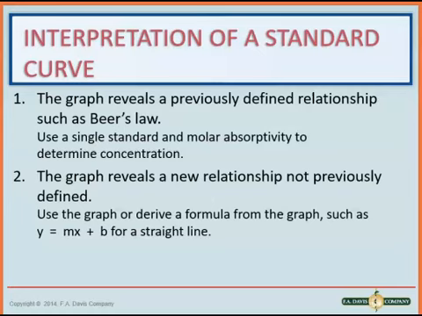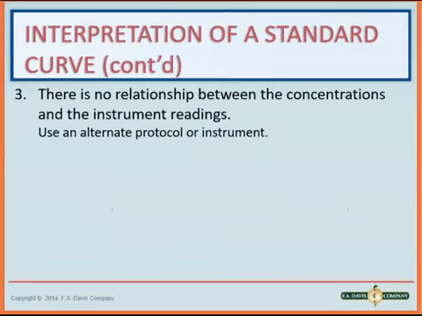And we learned how to do slope in part 1 of this lecture to be able to come up with our standard curve, to be able to ultimately reveal the concentrations of substances in a patient sample. Sometimes there's no relationship between the concentration and the instrument readouts. So in those cases, alternate protocols or instrumentation methods must be used.